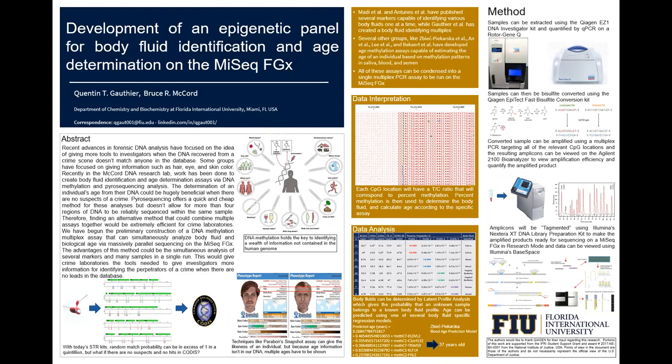In our lab, we've been working in the past few years on body fluid identification and age determination using DNA methylation. The reason that we are so focused on those two aspects in conjunction with each other is that research time and again in our laboratory, and in other laboratories that we've collaborated with in Europe and in Asia, has shown that the body fluid that a DNA sample comes from can influence the accuracy of these age models.